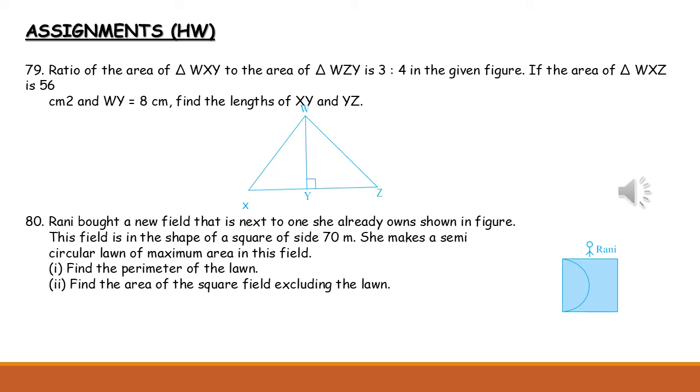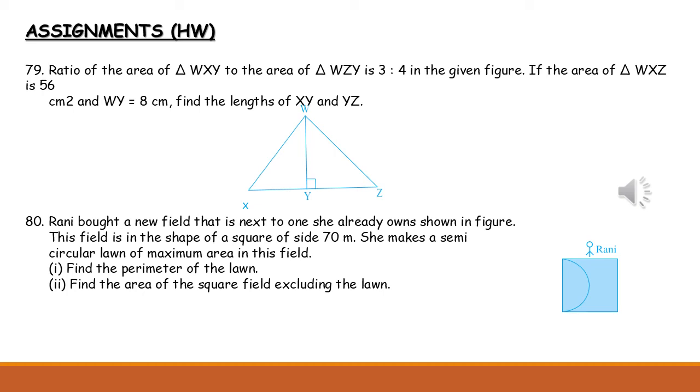That means we have to find out the bases of the smaller triangles. Now we know the area of the triangle formula is half into base into altitude. Here area and altitude are given, we need to find out the base. So 56 is equal to half into XZ, the base, into 8. By solving it, we can find out the base XZ.